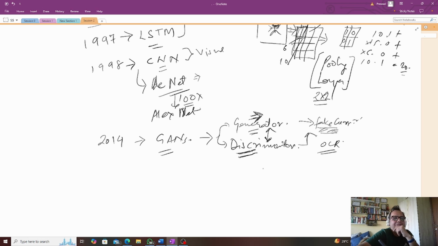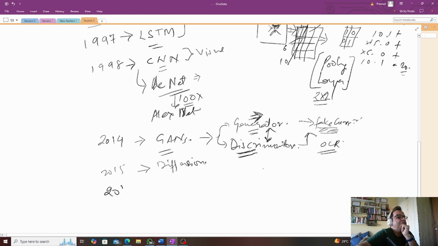They came into existence in 2014, and then there were also a lot of diffusion models, which came into existence around 2014-2015, which also deal with visual information.